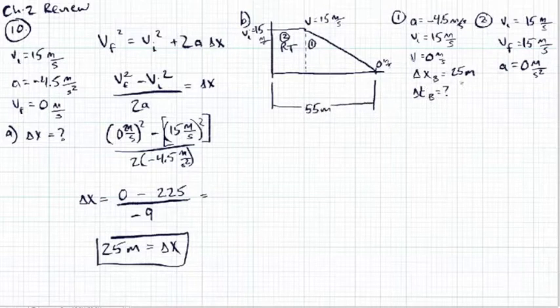So if we found out that part 1 is 25 meters, then that must mean that our reaction time displacement or distance is going to be 30 meters. So delta x RT, I'll call it that, is equal to 30 meters.